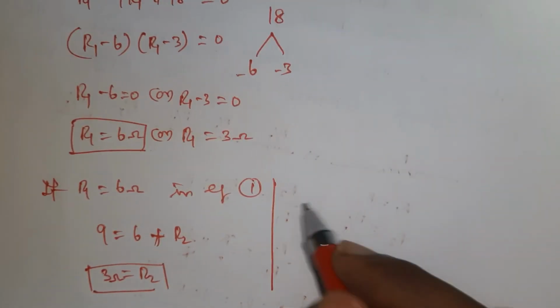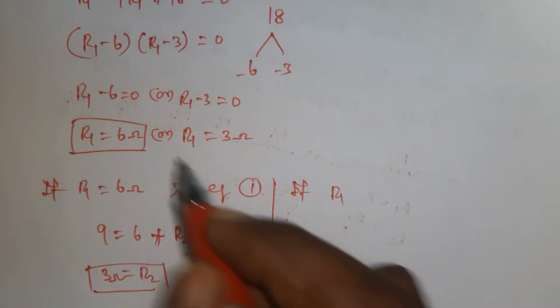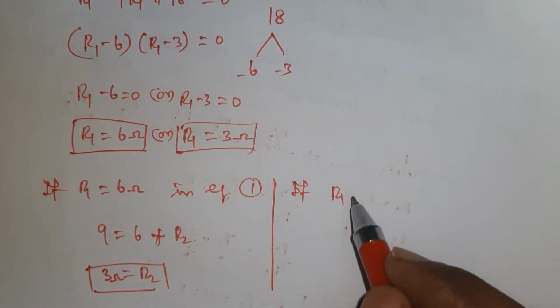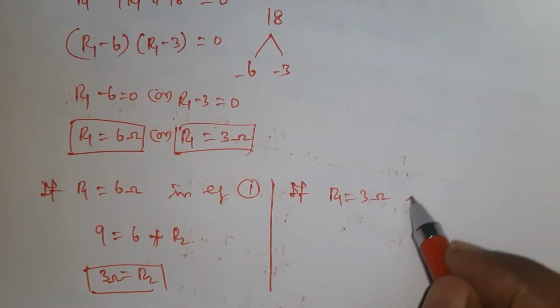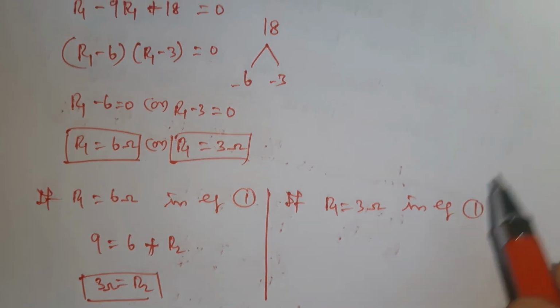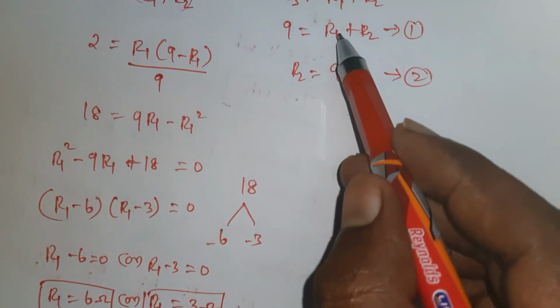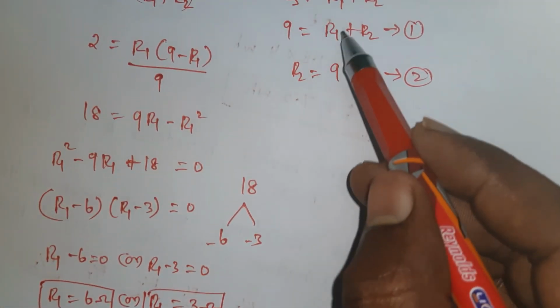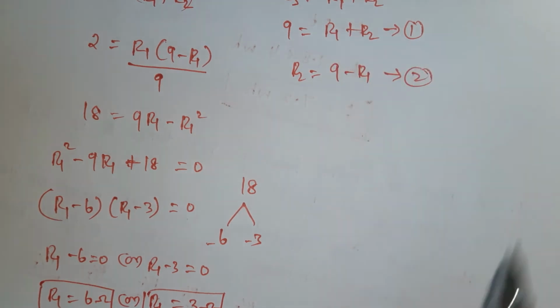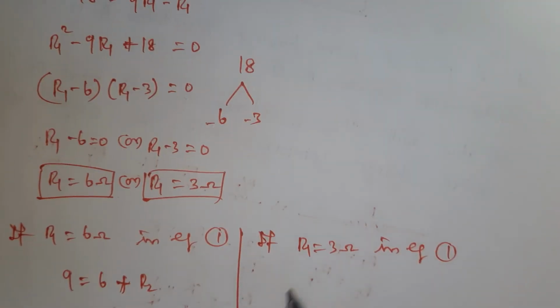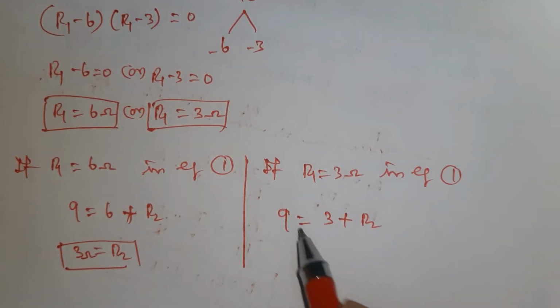If R1 is equal to 3 ohm in equation 1, so in this equation if we substitute 3 for R1, we'll get R2 value 6. So 9 is equal to R1, which is 3, plus R2. 9 minus 3 is 6 ohm.